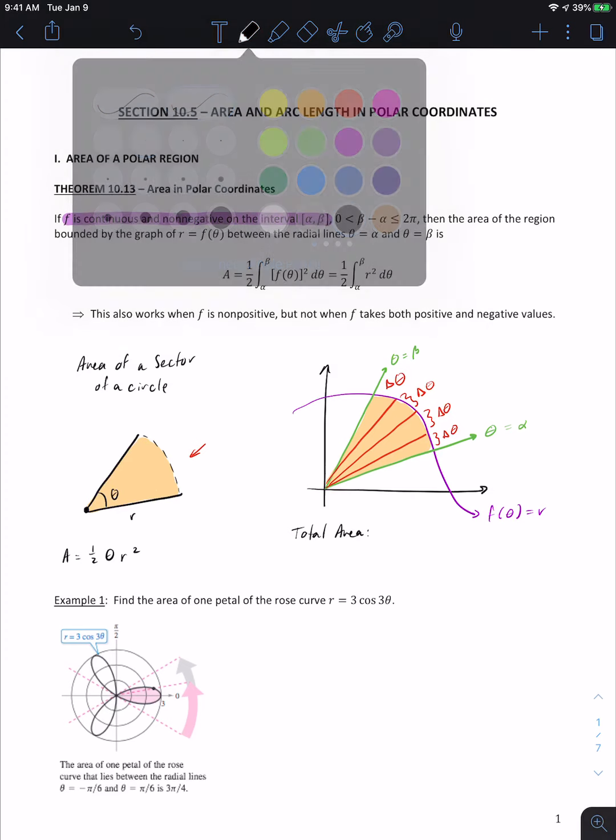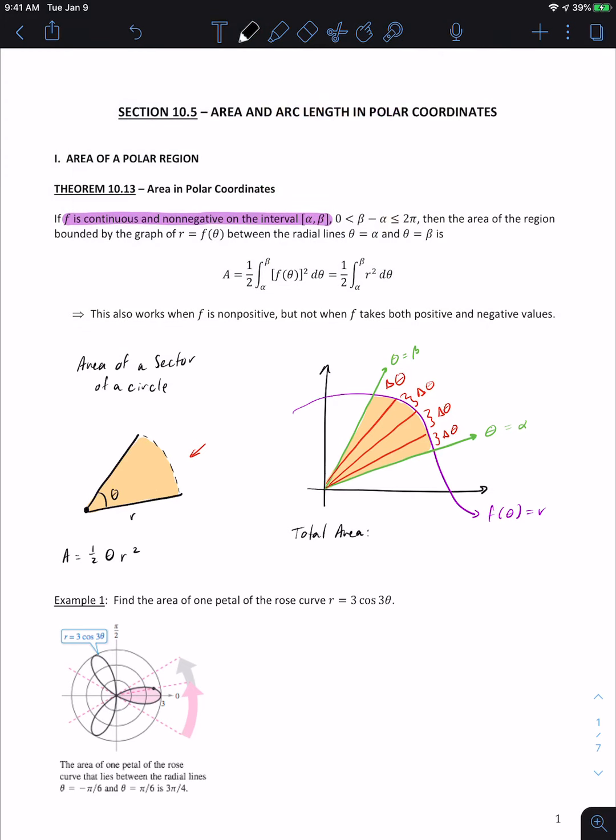I could add up all of those sectors, but as delta theta gets really small and I add up infinitely many of those sectors, that's that whole idea of the integral, right? So the total area is going to be the sum of infinitely many sectors, and that's the idea of an integral.